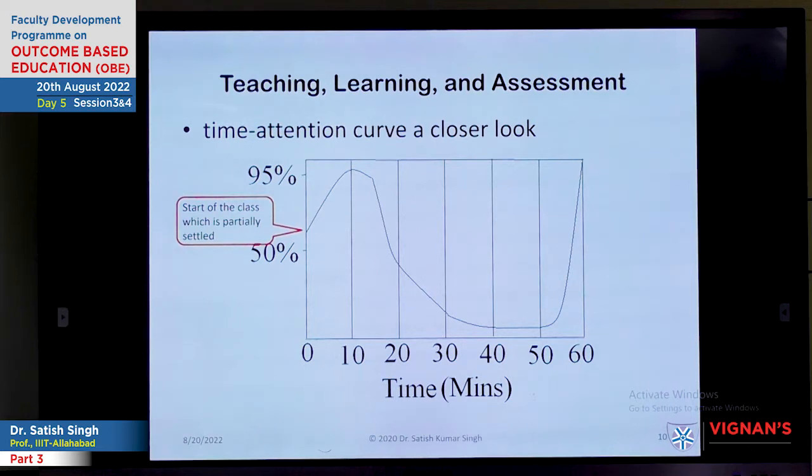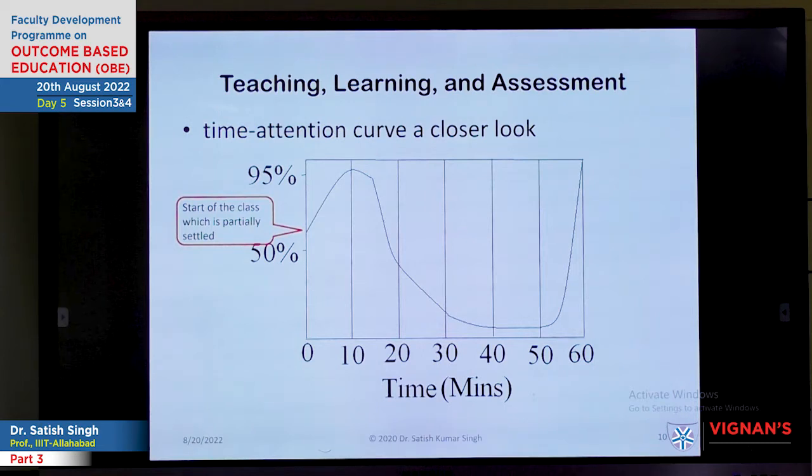This is the level at the start of the class, which is partially settled. Few front rows and few serious students, but it is not more than 55% or 60%.